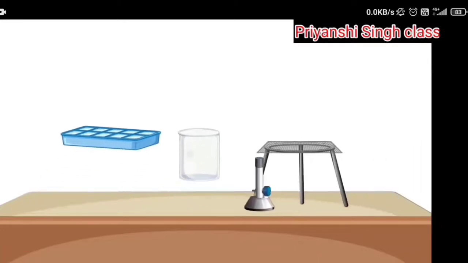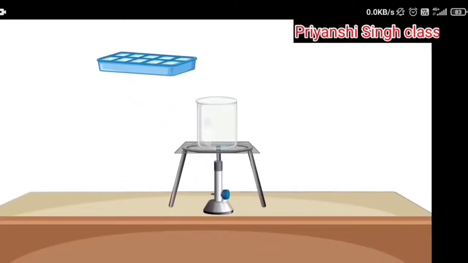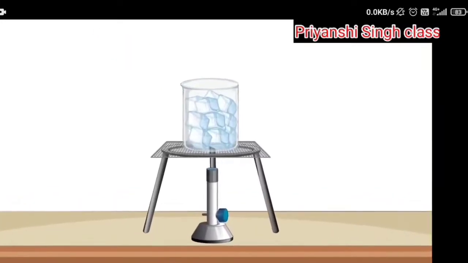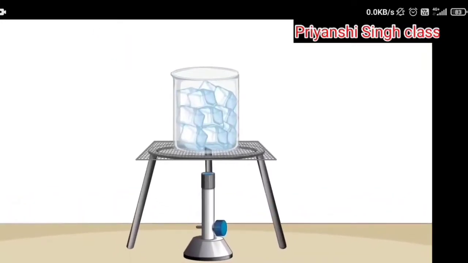Okay, so let's observe the experiment. As you can see, we have filled the ice in the beaker and we have switched on the burner. And what do you observe now?